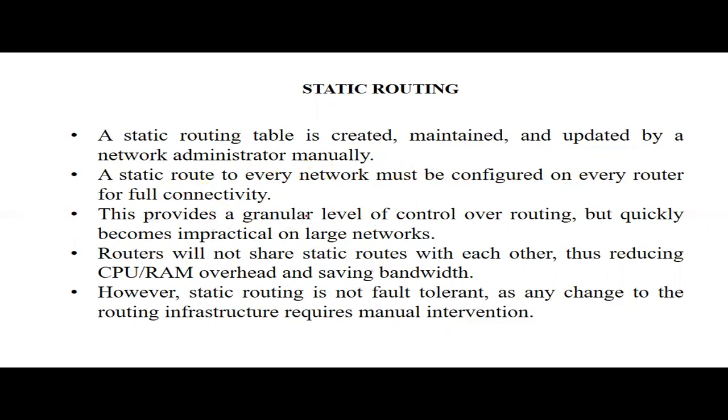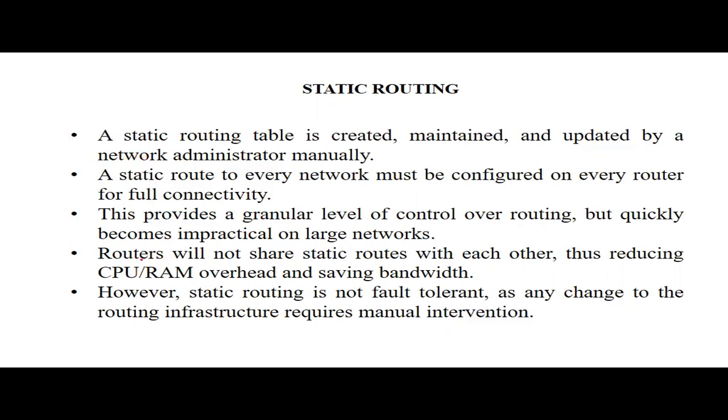It provides control over the routing to the network administrator. But if we have large networks, it becomes impractical, because if we have connectivity with 1,000 routers, or even more than 10 or 12 routers, the network administrator can't look after each and every route.